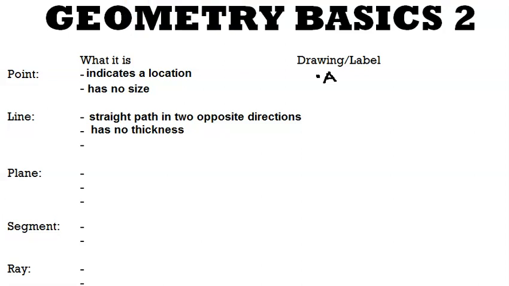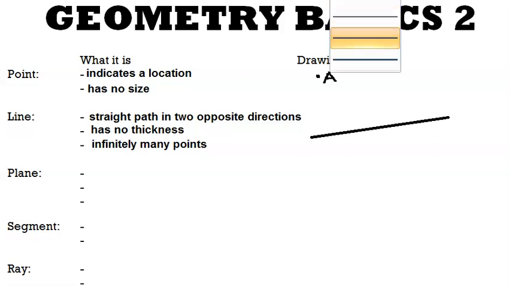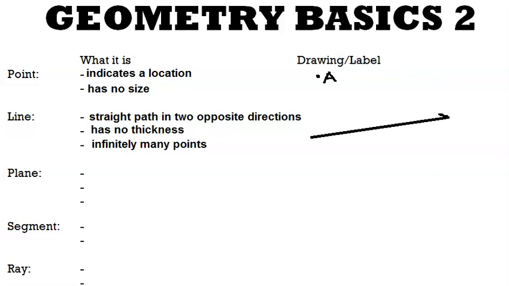Now, the other catch about a line is a line has infinitely many points. So this is where sometimes it helps to actually draw it out. So here's my line. Whenever we're drawing a line in geometry, make sure you're doing arrows, because as that first piece of the definition says, it is a straight path in two opposite directions.